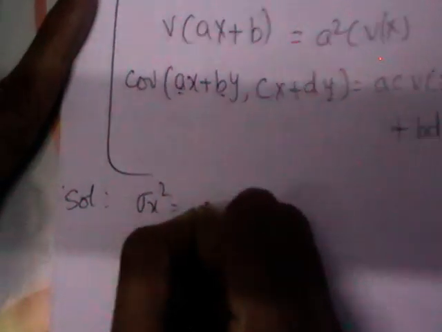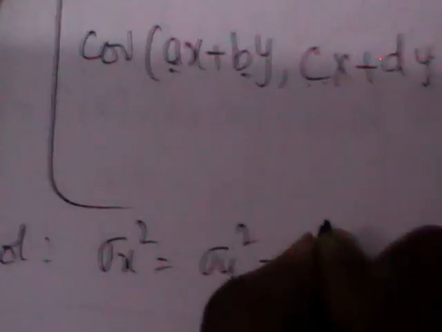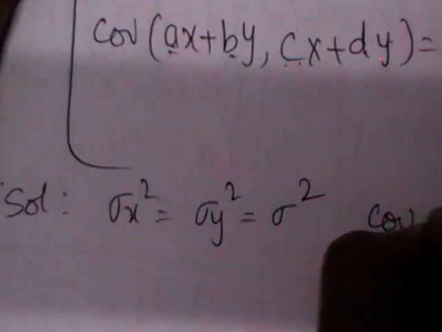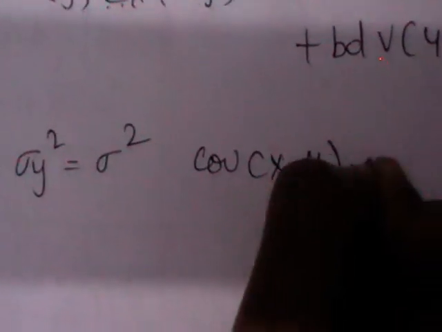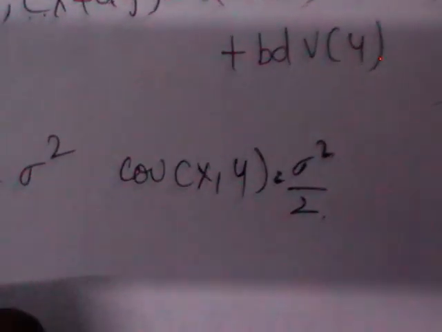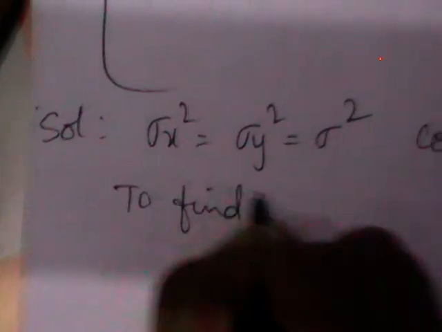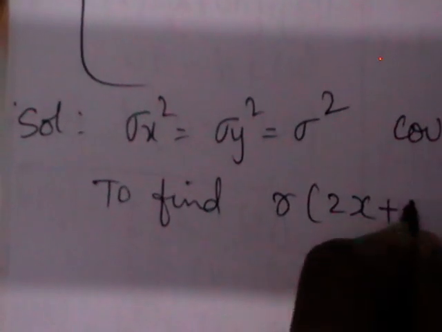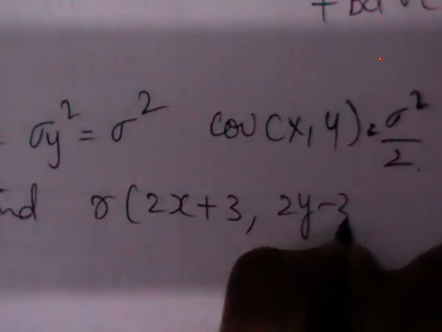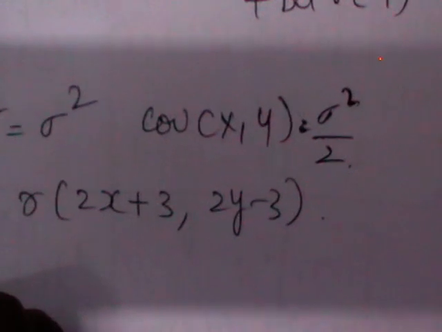What is given here? Given sigma x square is equal to sigma y square is equal to sigma square, and covariance of xy is equal to sigma square by 2. You need to find r of 2x plus 3 comma 2y minus 3. So how do you define r?